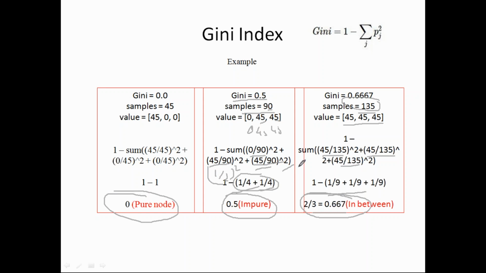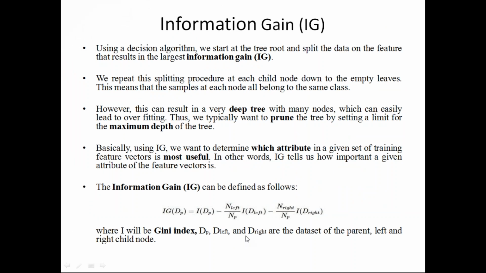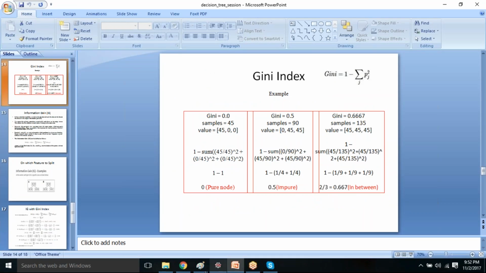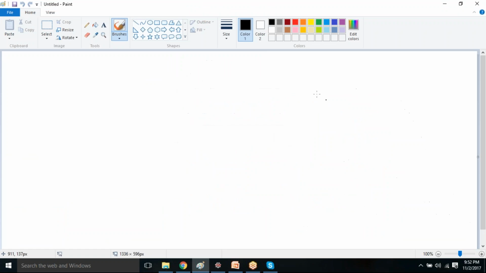You may be confused about what these 45, 90, 135 are, so I will give you a proper example. Just suppose we have a problem where you have, say, 100 samples.